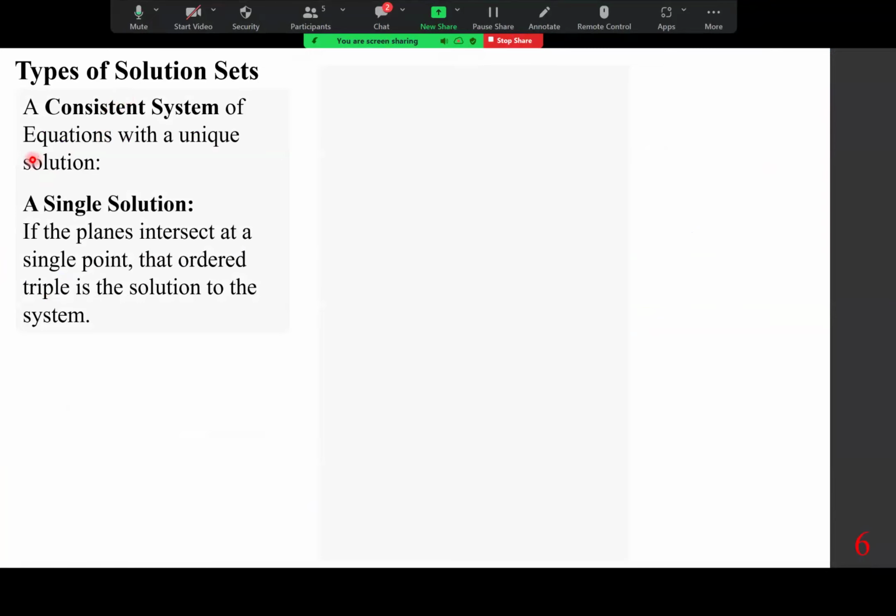Types of solution sets. A consistent system of equations with a unique solution has a single solution if the planes intersect at a single point. That ordered triple is the solution to the system.